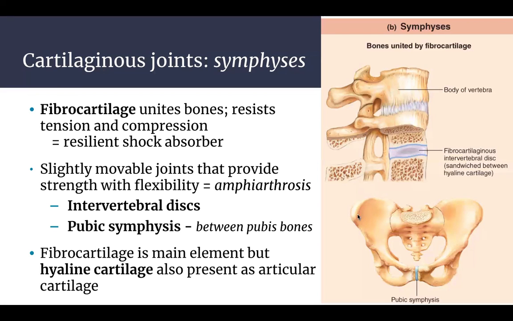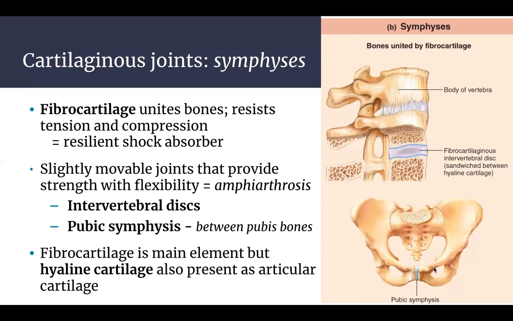Here we're looking at an adult bone, so we see the os coxa as one singular bone. But here at the front, the two os coxae are joined together by a portion of fibrocartilage, which is knitting these two together.